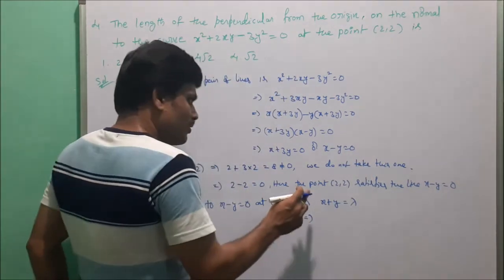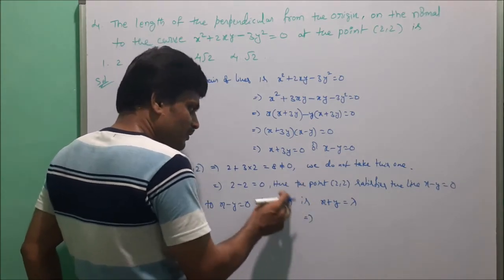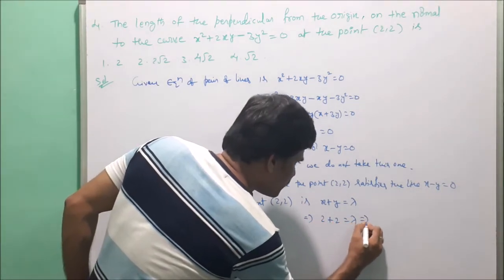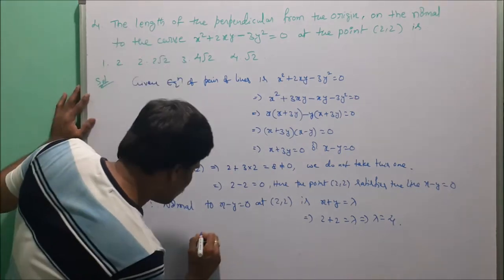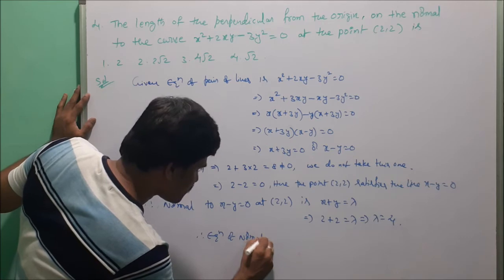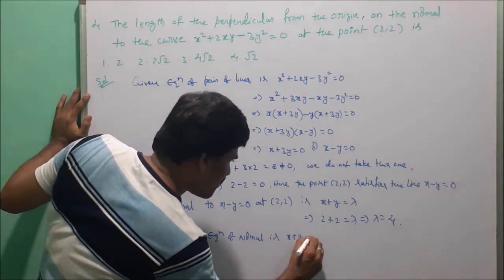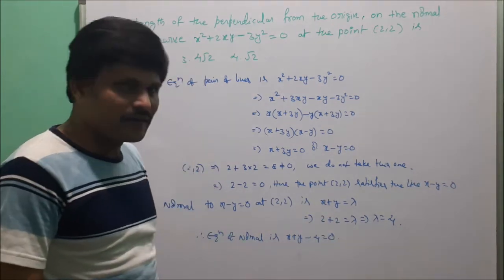To find it, substitute this point in the equation: 2 plus 2 equals lambda, so lambda equals 4. Therefore the equation of the normal is x plus y minus 4 equals 0. So this is the normal line.